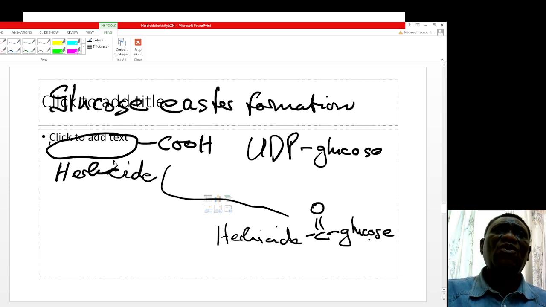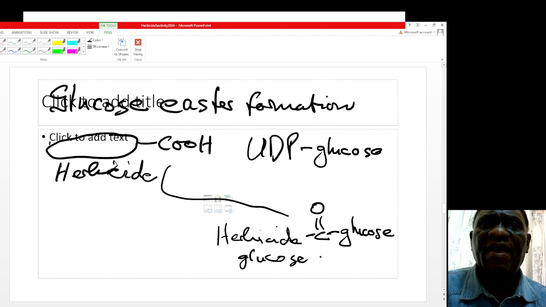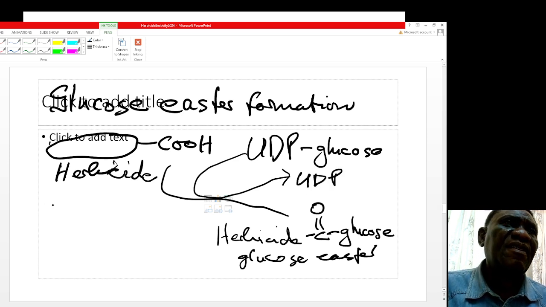So this is the glucose ester. Again, this one will donate the glucose and leaves as UDP. You still need the UDP transferase enzyme.